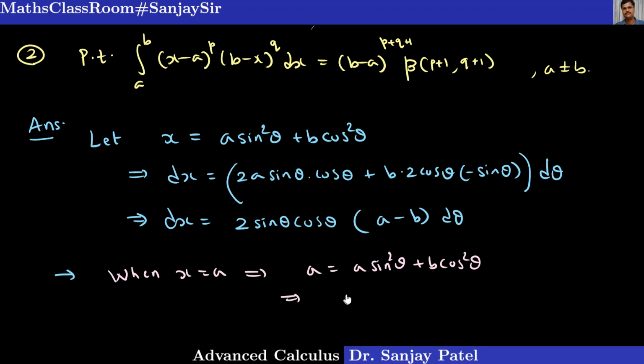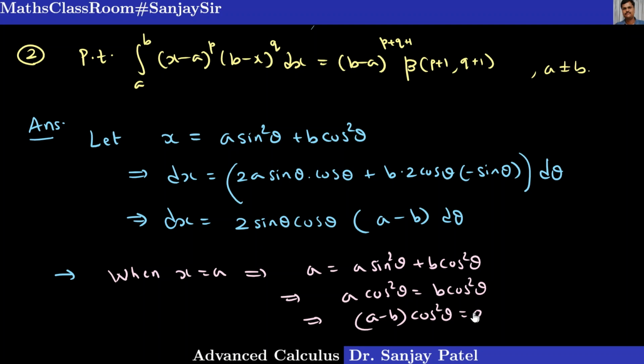So that gives us a cos square theta is equal to b cos square theta, because 1 minus sine square is cos square. So this gives us a minus b into cos square theta is equal to 0.